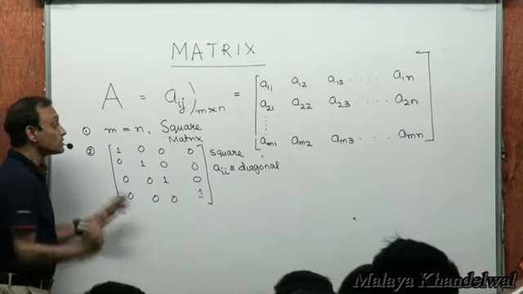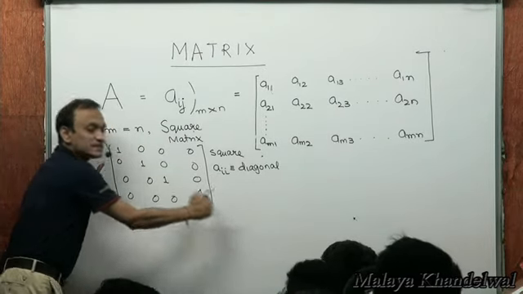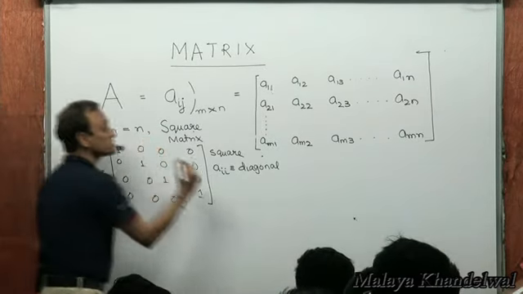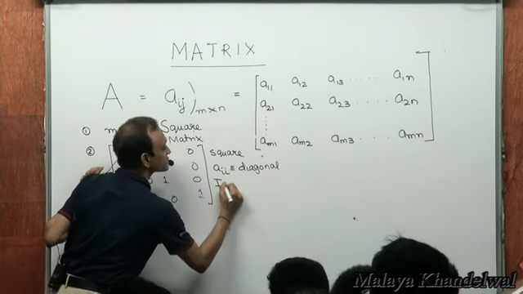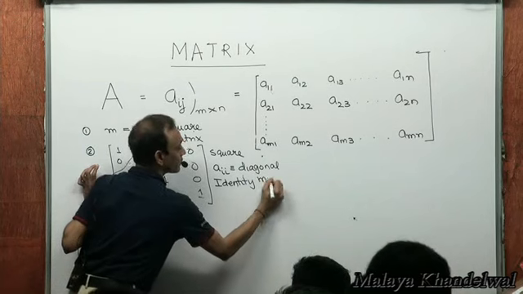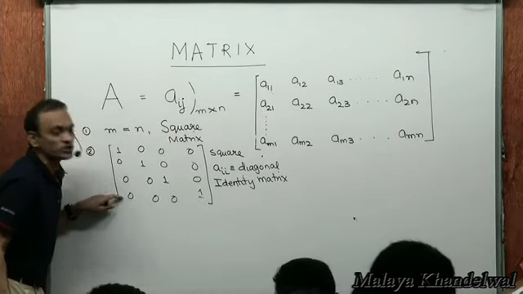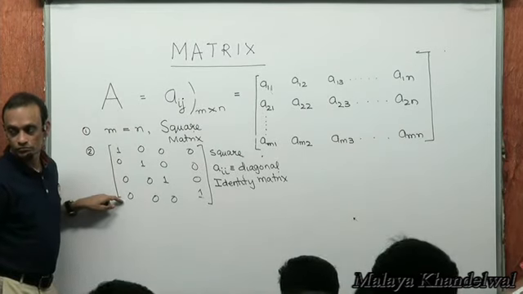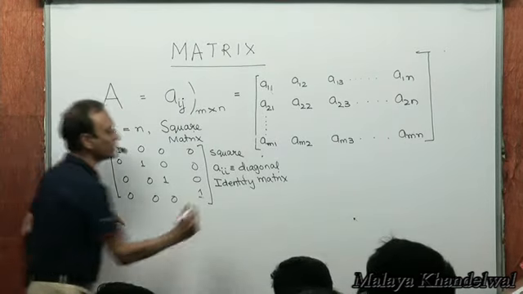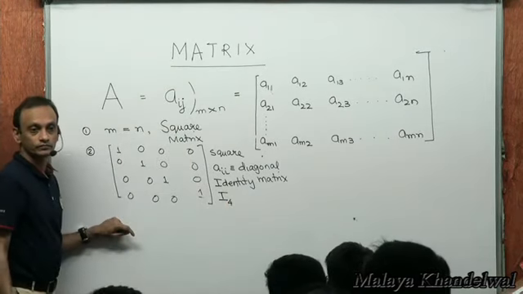If all off-diagonal elements are 0 and the diagonal elements are 1, this is called an identity matrix. This, for example, is an identity matrix of order 4, with 4 rows and 4 columns, I4.